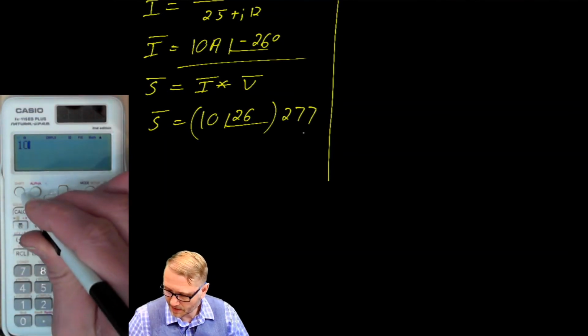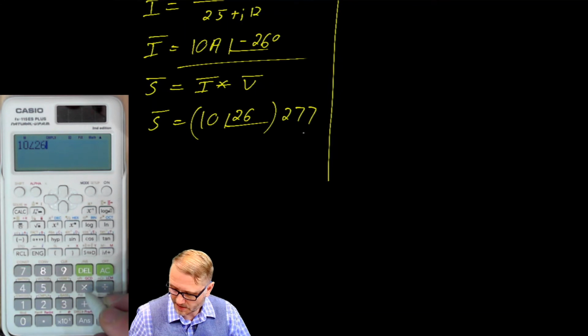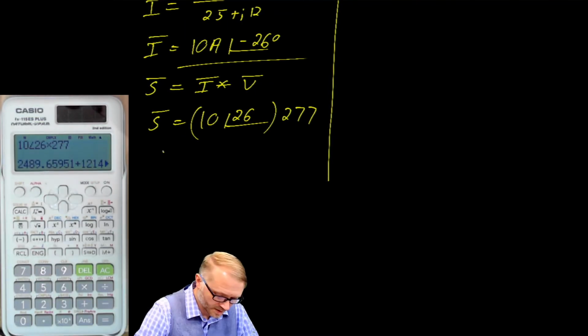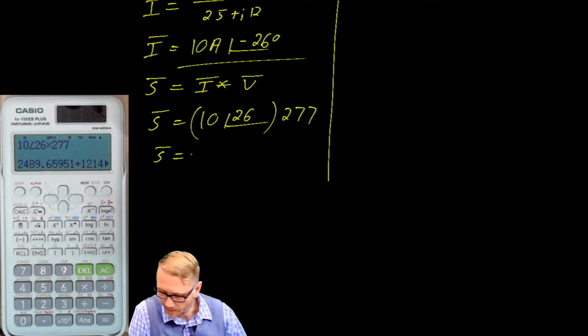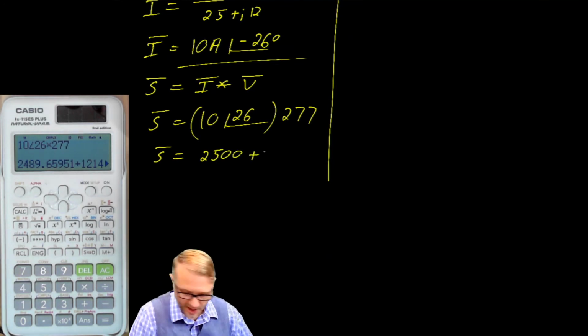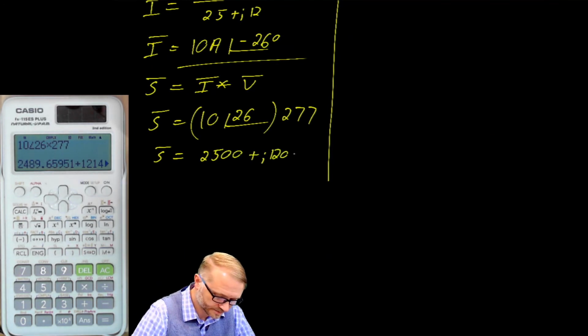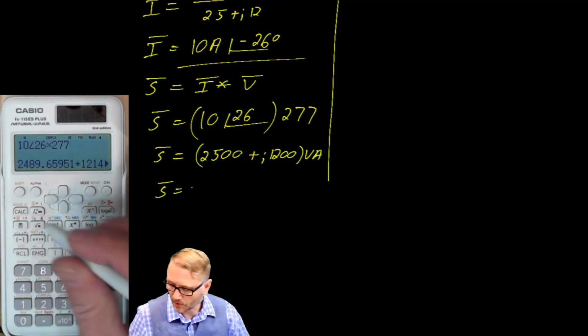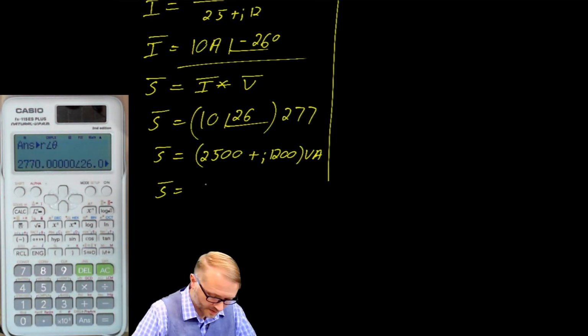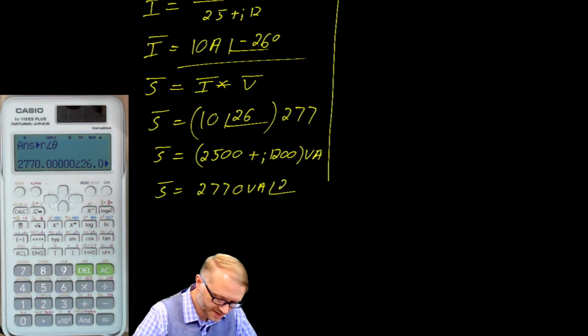So we go 10 at an angle of 26 by 277, which gives us about 2500 plus J1200. That's volt amps. We could also put that into polar form, which gives us 2770 VA at an angle of 26 degrees.